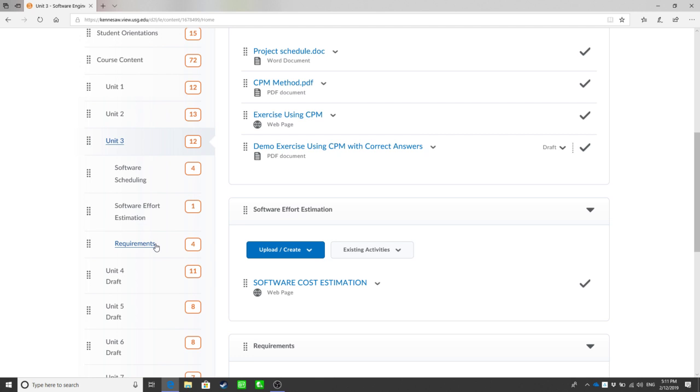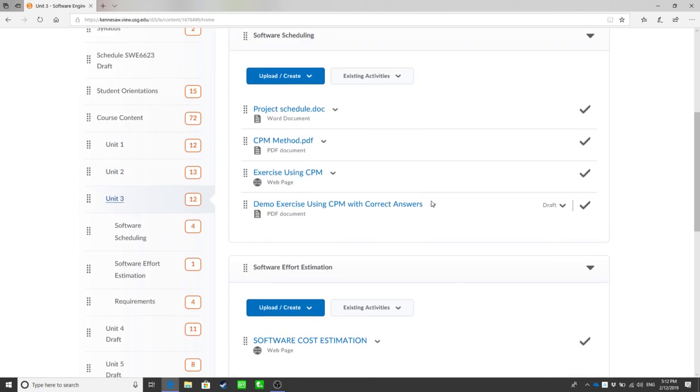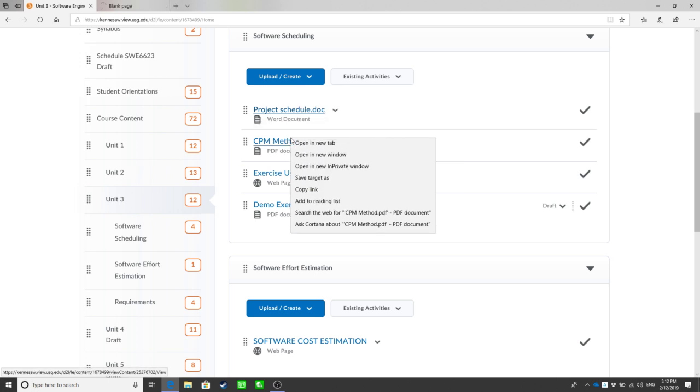The requirements you need to go through at home or after class, and you will also find some of the information useful when you're doing the project. But what I introduce today is probably going to be in the exam, so try not to only follow my lecture, but also follow all the instructions and materials. Today we're going to talk about project scheduling with a tool called CPM.